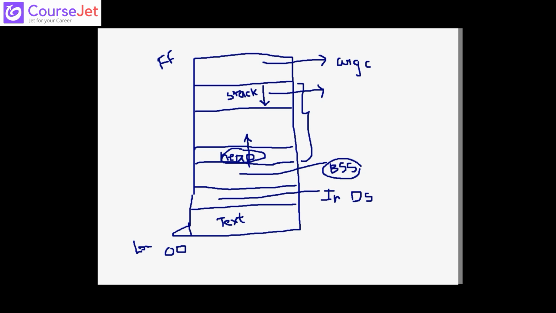So basically you need to explain what is in the text, the data section, what will be allocated in BSS, stack, and heap. I hope this is clear. So we can go to the next topic then.